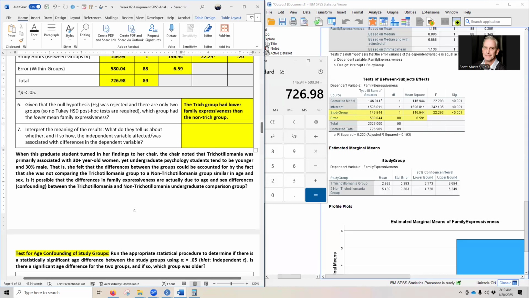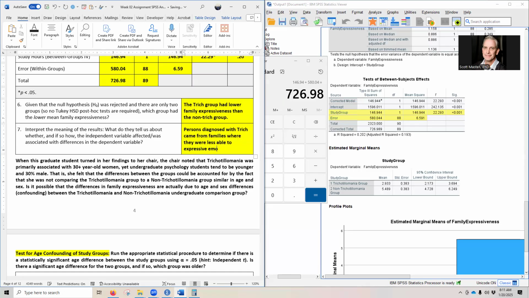I would say persons diagnosed with trick came from families where they were less able to express emotions. Oh, no, not expressive. They express emotions. And I'll go ahead and throw the mean in. That's not 100% necessary. 2.93.